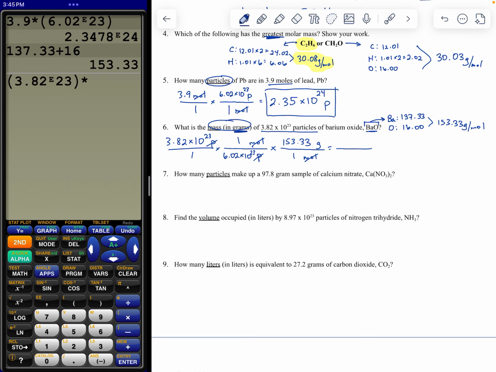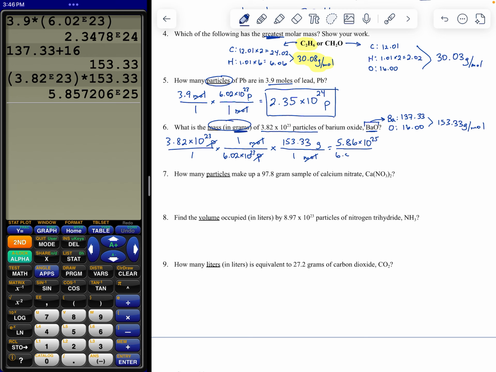You'll notice I'm using parentheses every time I have scientific notation, just to make sure that my calculator keeps track of order of operations and keeps those straight. So I end up with 5.886. It's rounding too soon, but for how big this number is, it doesn't necessarily matter with what we're going to be wanting as an outcome.